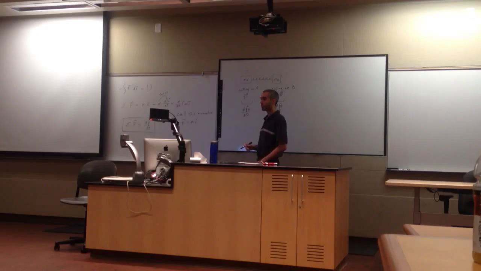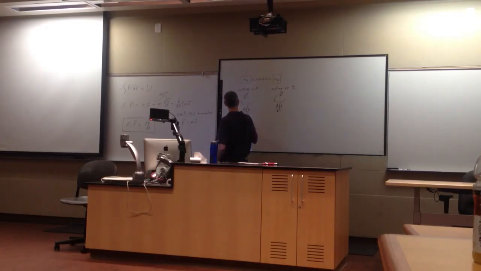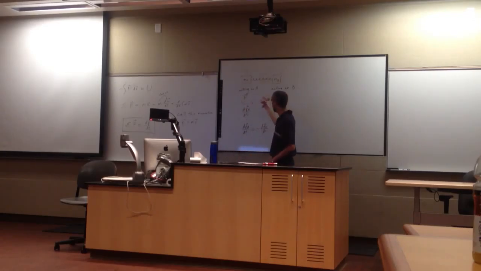And the relationship between these must be what, then? They're going to be equal and opposite to each other. If the forces are equal and opposite, and the forces tell me about the change in momentum, then the change in momentum of A has to equal the negative change in momentum of B, right?